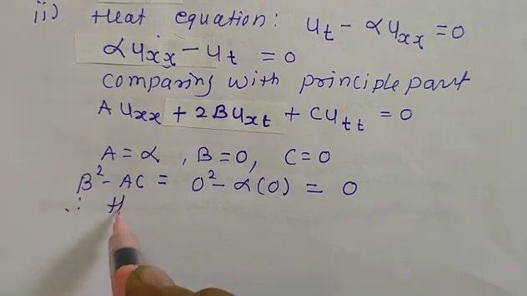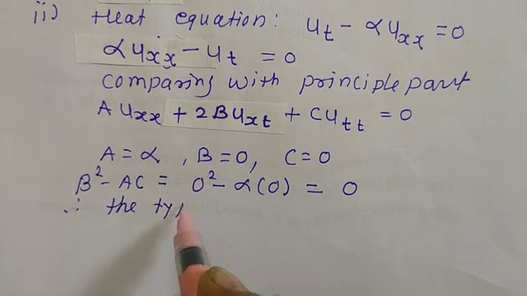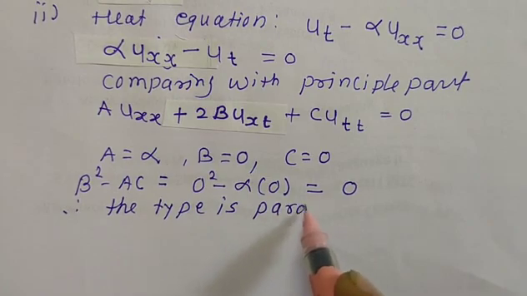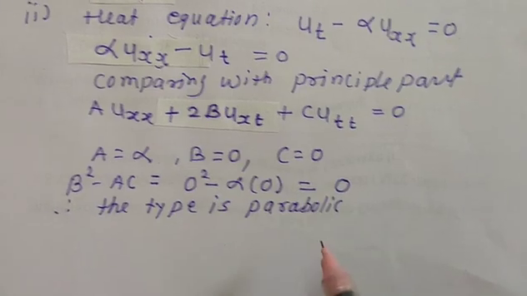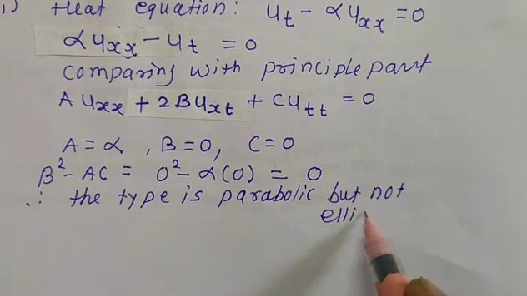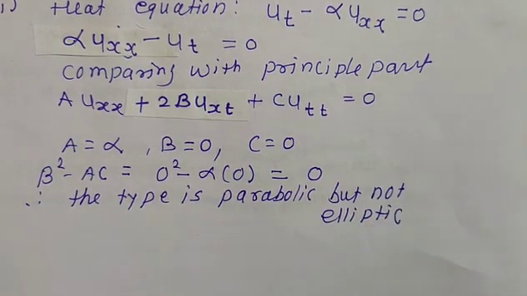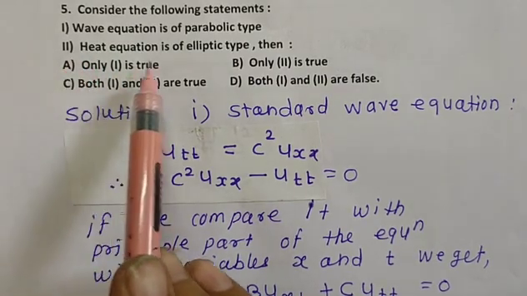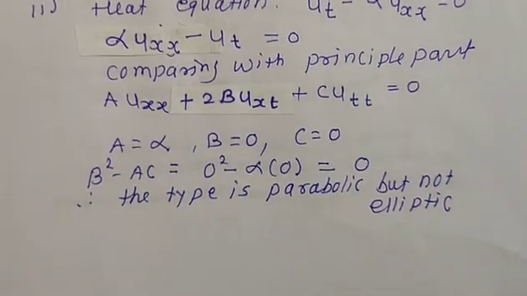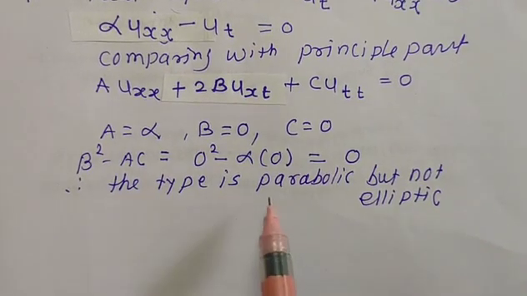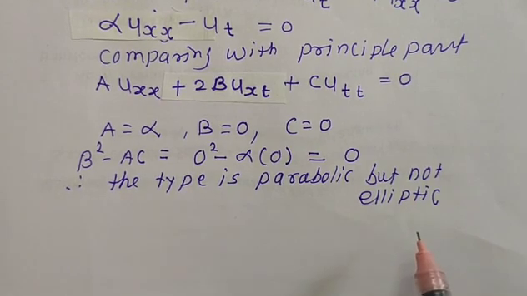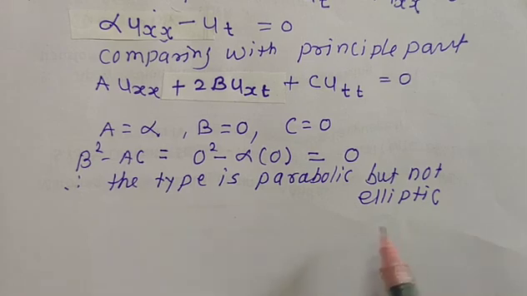Therefore, the type is parabolic but not elliptic. But according to second statement, heat equation is elliptic. And we have proved this is parabolic, not elliptic. So definitely second statement is also false.